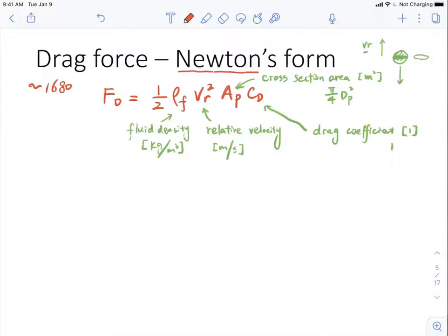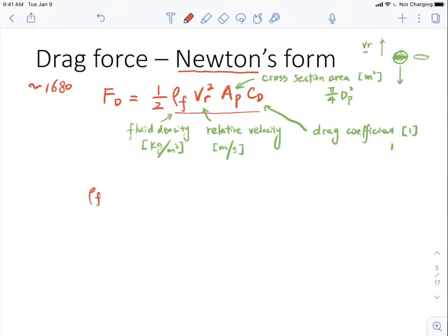You may wonder, how did he come up with these different terms and decide to multiply them together? But if you look at these different terms, they do make a lot of sense. For example, the rho_F, the fluid density.